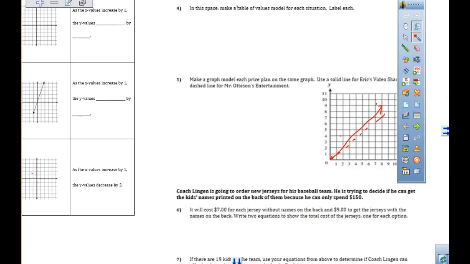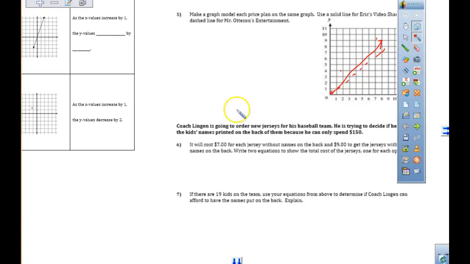And then when you look at number 6, I had some people in number 6 make a table. So they said the jerseys with their no names on them, right? And it doesn't say make a table, it says write 2 equations.